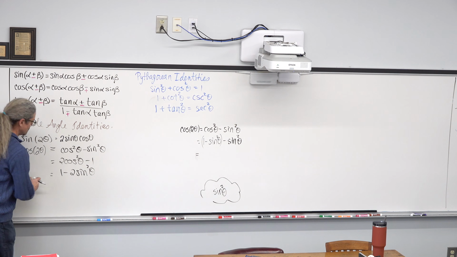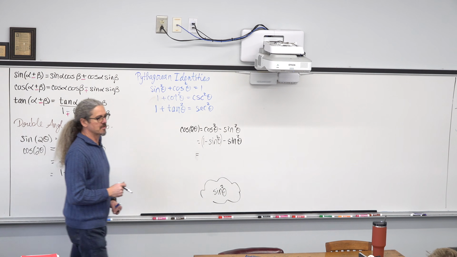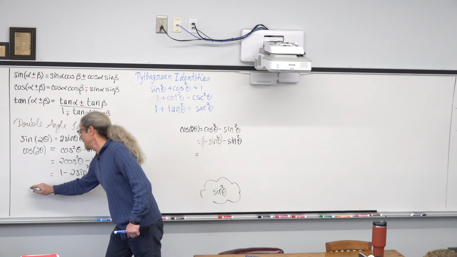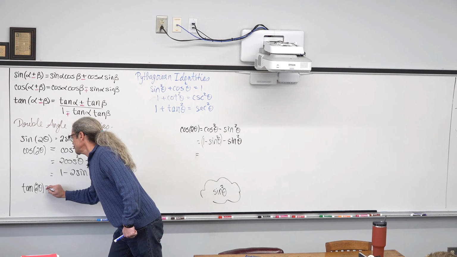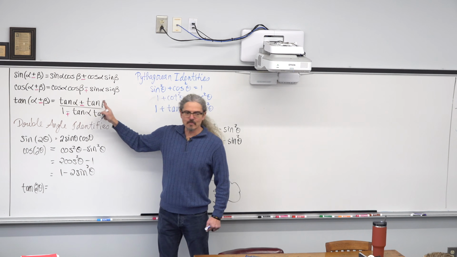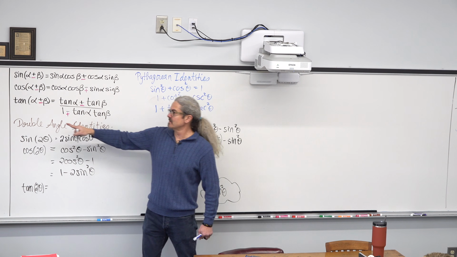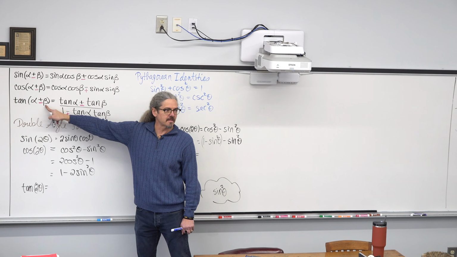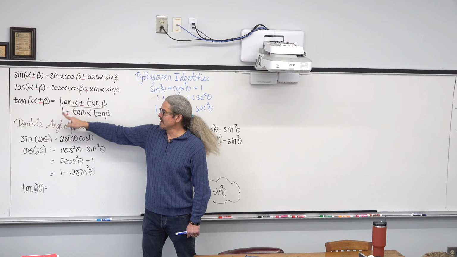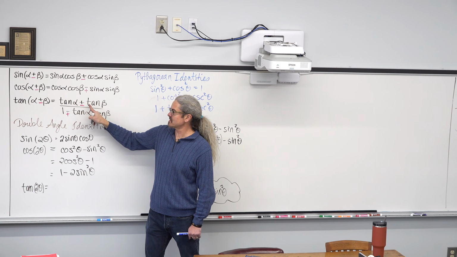Now, we're going to have another double angle identity for tangent. I think we can just look up here. If this is the tangent of theta plus theta, then it'll be the tangent of theta plus tangent of theta.